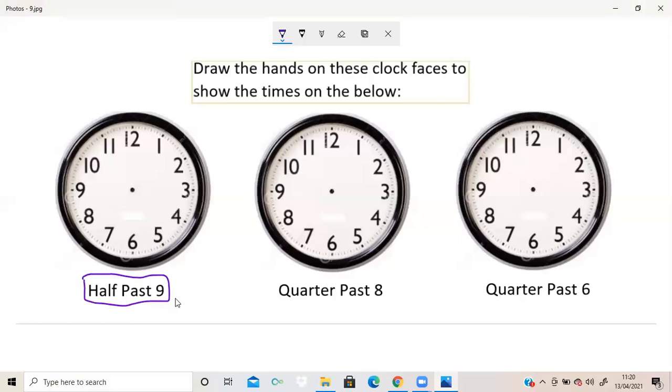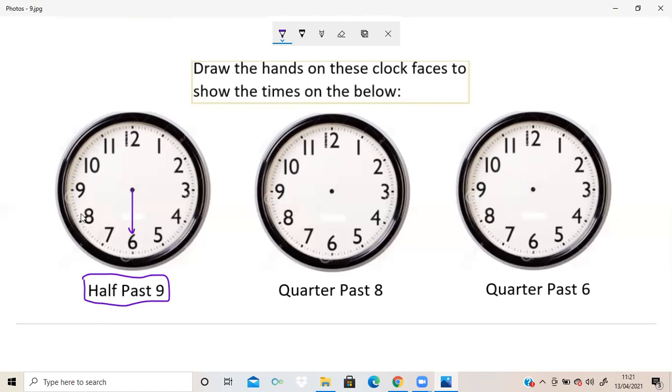9:30. The simple way is the minute hand must point at 6 because it's 9:30. And from fractions, you know what half is. If you see the picture, the clock face is a circle. So these are halves. The minute hand starts from here and moves round until 6.